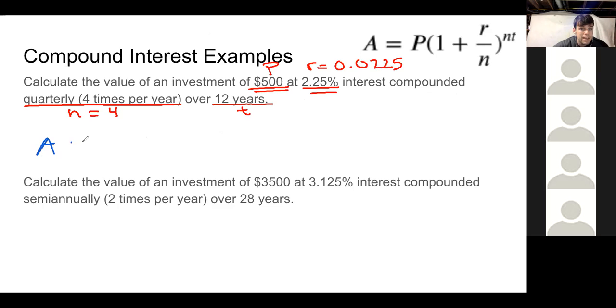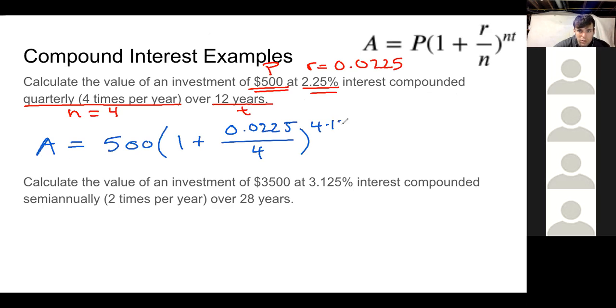So A is going to equal 500. That's our principal investment. 1 plus 0.0225 over 4 to the N times T. So 4 times 12. I'm just going to use a calculator for this.